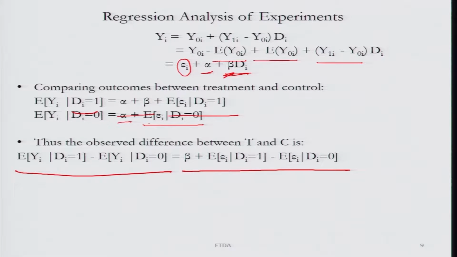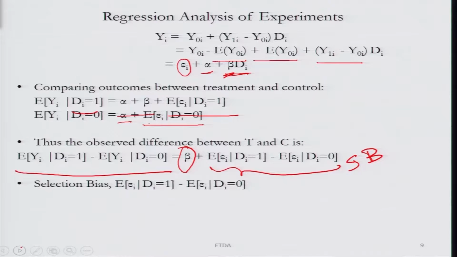Now, once again, see the analogy with what we discussed before. This beta is the true treatment effect, and the additional term, which is any difference in the error term between the treatment group and the control group, gives you the selection bias.